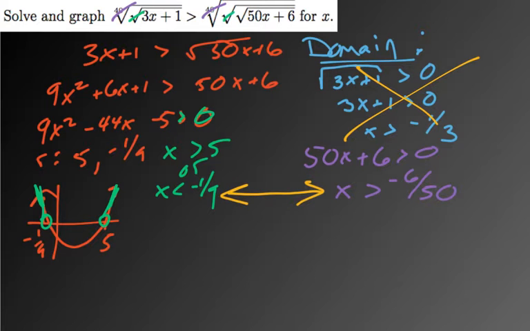They tell you what the inequality is. You want to be bigger than that but less than that, right? And this number is smaller than this. So you basically get an "and" inequality: negative 6 over 50 less than x less than negative a ninth. And then that region works.